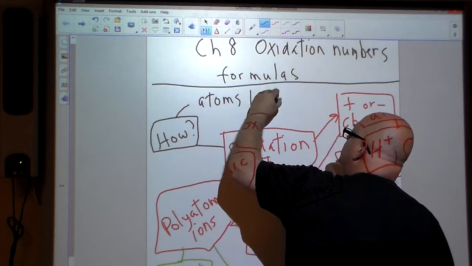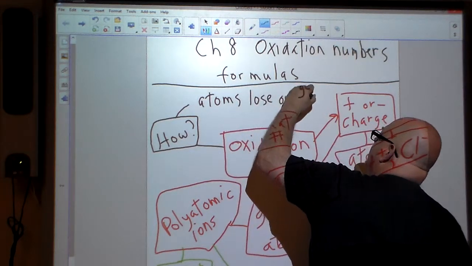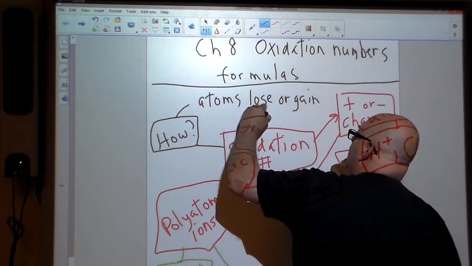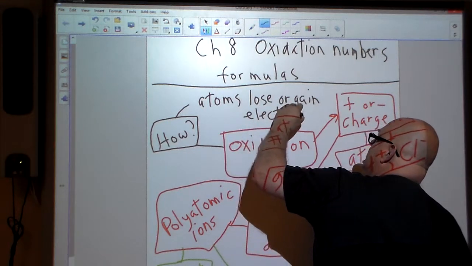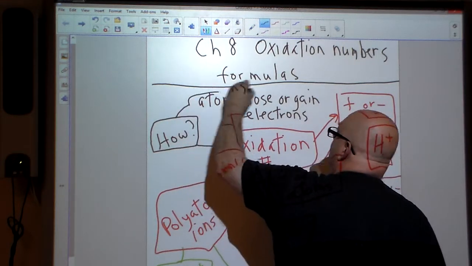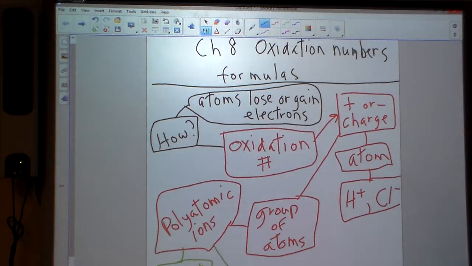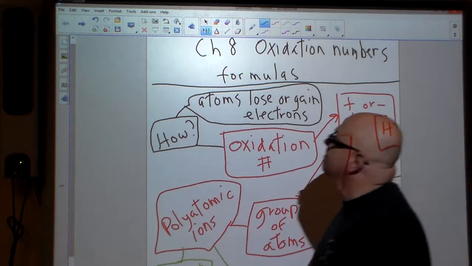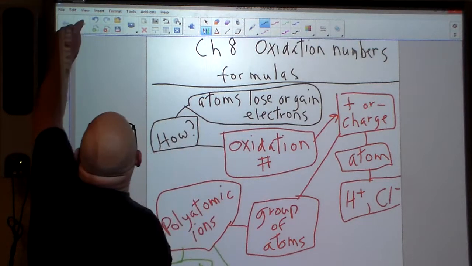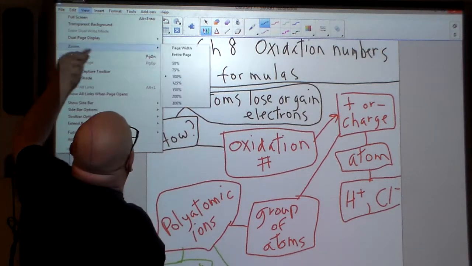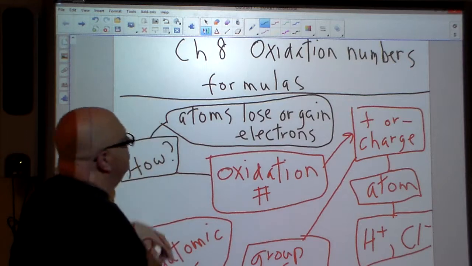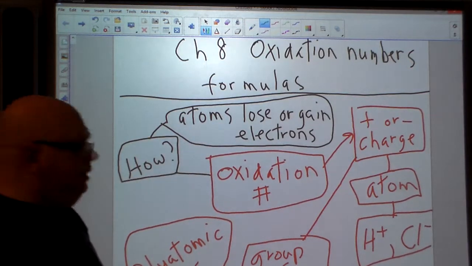Atoms lose or gain electrons. That's the key. Atoms lose or gain electrons. That's the key, guys. Let's see if I can make this a little bit larger. There we go. So atoms either lose or gain electrons.